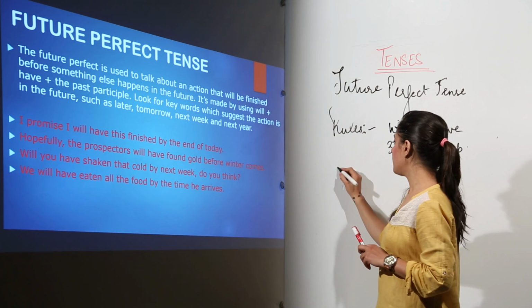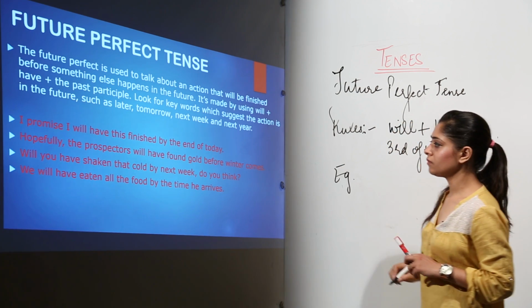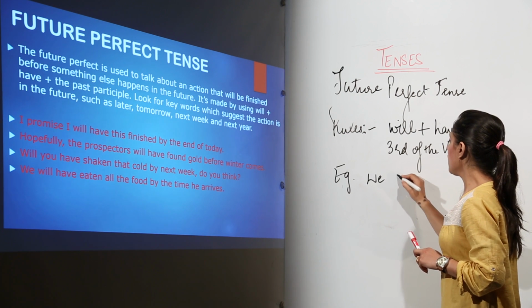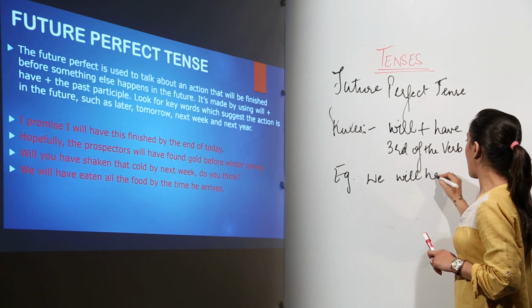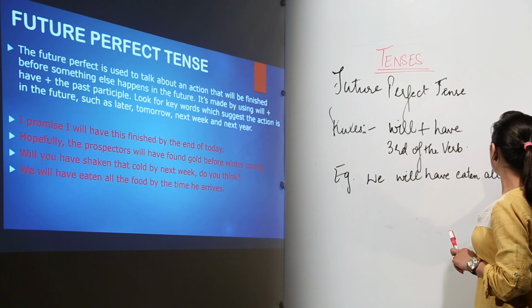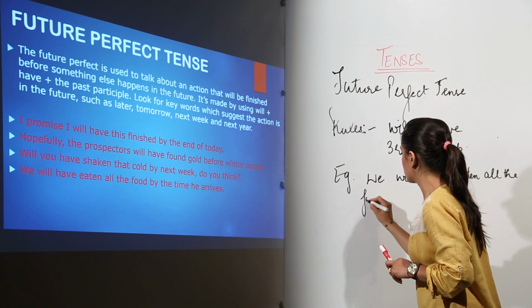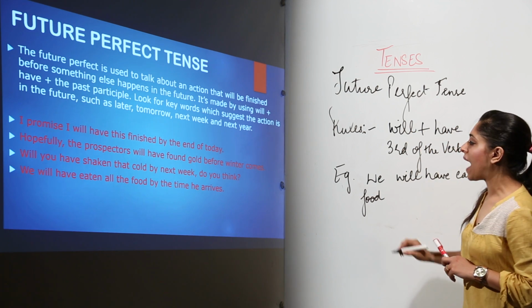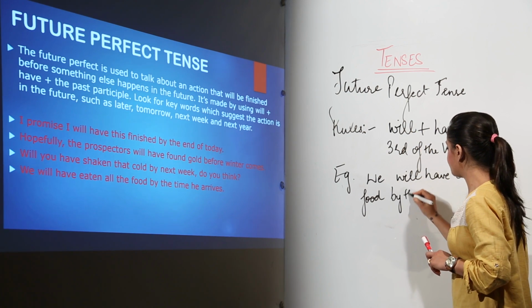Let's do it with an example. For example, we will have eaten all the food by the time he arrives.